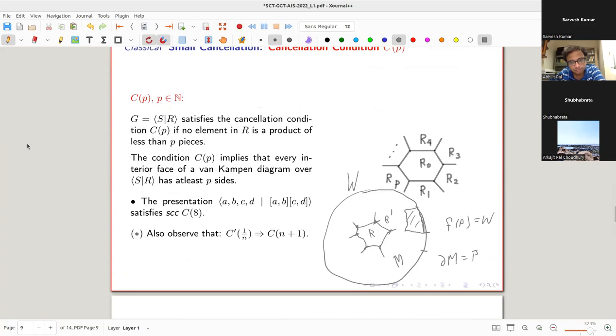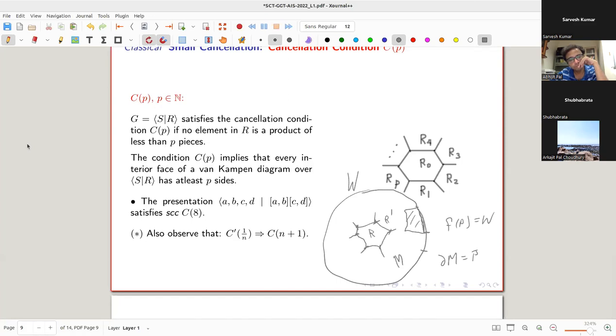So if you have C'(1/n), you know that your pieces are less than, say, 1/n of your total relator length, right?